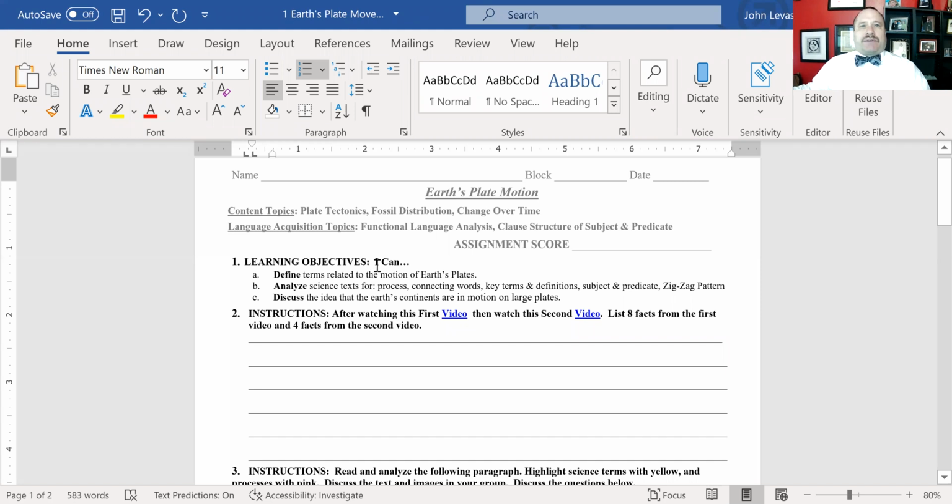Learning objectives: I can define terms related to motion of Earth's plates. I can analyze science texts for processes, connecting words, key terms and definitions, subject and predicate, and the zigzag pattern. I can discuss the idea that the Earth's continents are in motion on large plates.